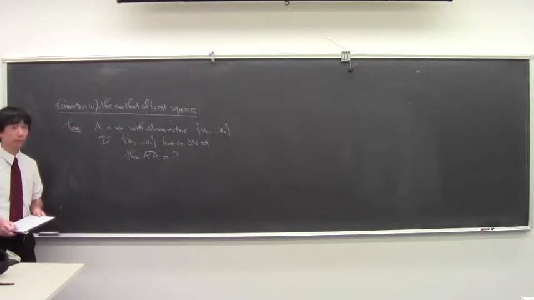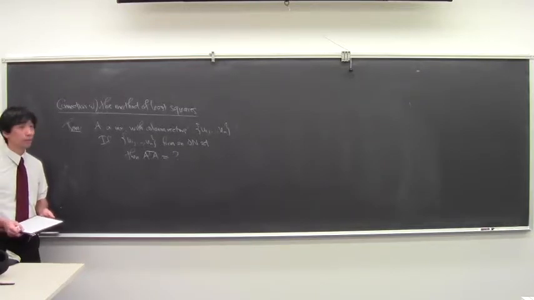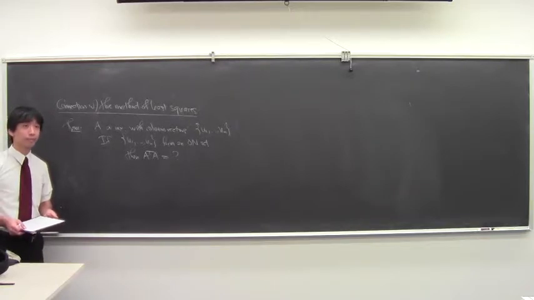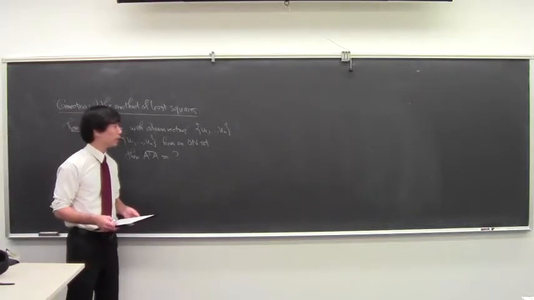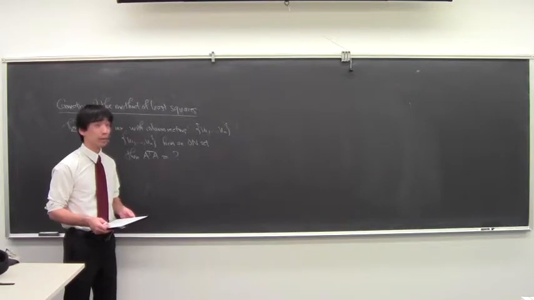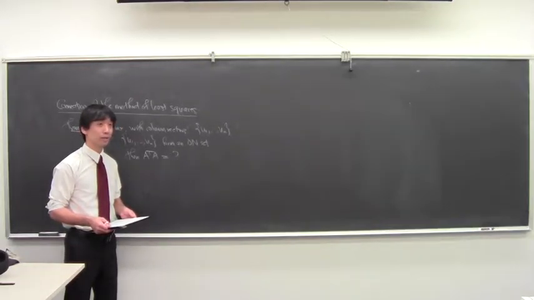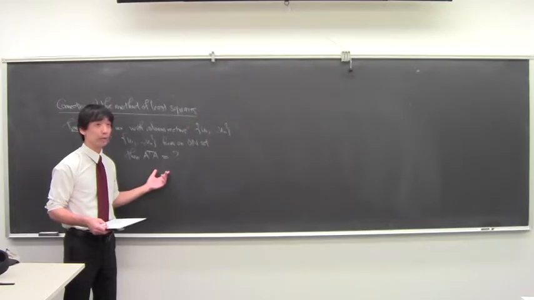What's the something? Is it a diagonal matrix with the diagonal as Ui squared? The diagonals will be Ui inner product Ui, so the magnitude of Ui squared.